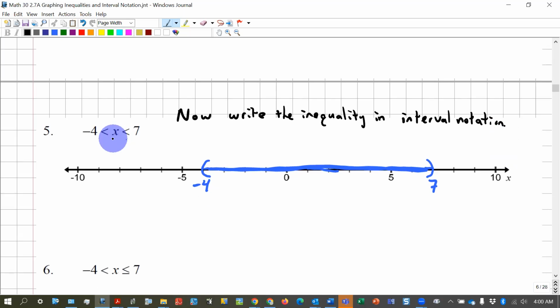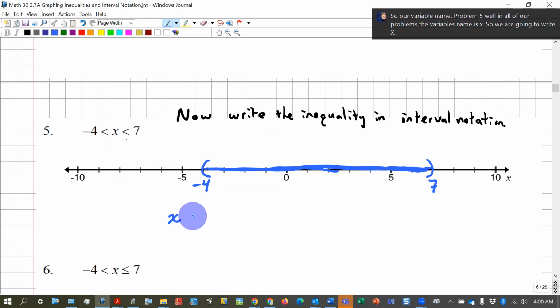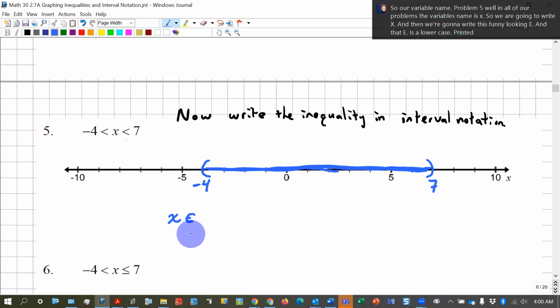So our variable name in problem 5, well, in all of our problems, the variable's name is X. So we are going to write X. And then we're going to write this funny looking E. That E is a lowercase printed Greek E, and in the Greek language, they don't say E, they say epsilon.